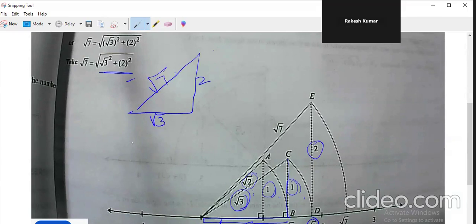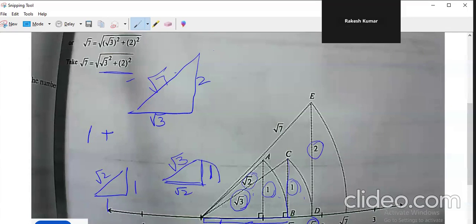So first step is from 1 and 1, you make a rectangle with 1 and 1. Okay, get root 2. Then take root 2 here, make 1 here. You get root 3. Then put root 3 on this and make 2 here and get this root 7. This is one way.